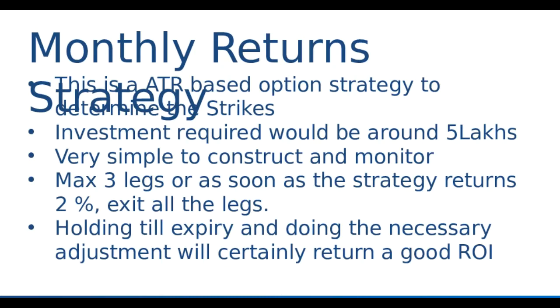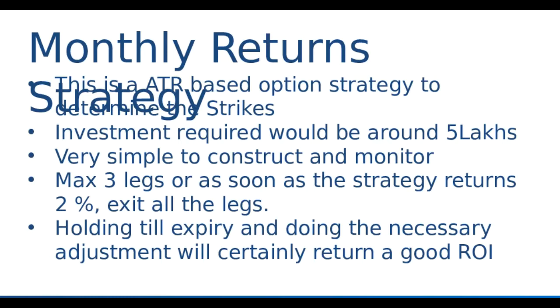All right. Fine. So now, for the monthly return strategy, let me cover what an ATR is. ATR is average true range. What is an average true range? Let's talk about Nifty. Nifty's ATR is currently somewhere around 114 to 117 points.